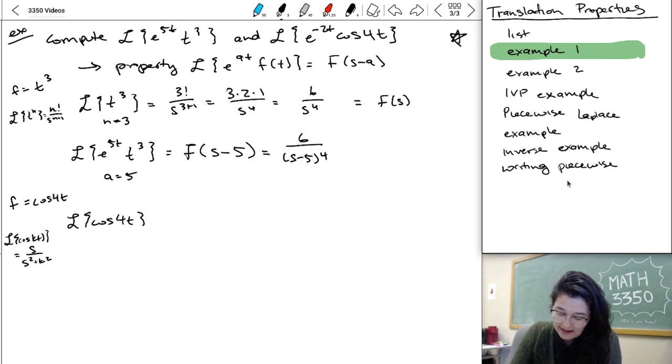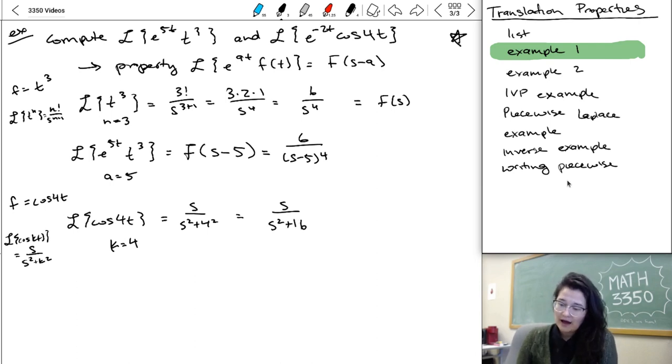So for us, that's going to be the case where k is 4. So it's going to be s over s squared plus 4 squared, or s over s squared plus 16. This is going to be our F of s for the second example.